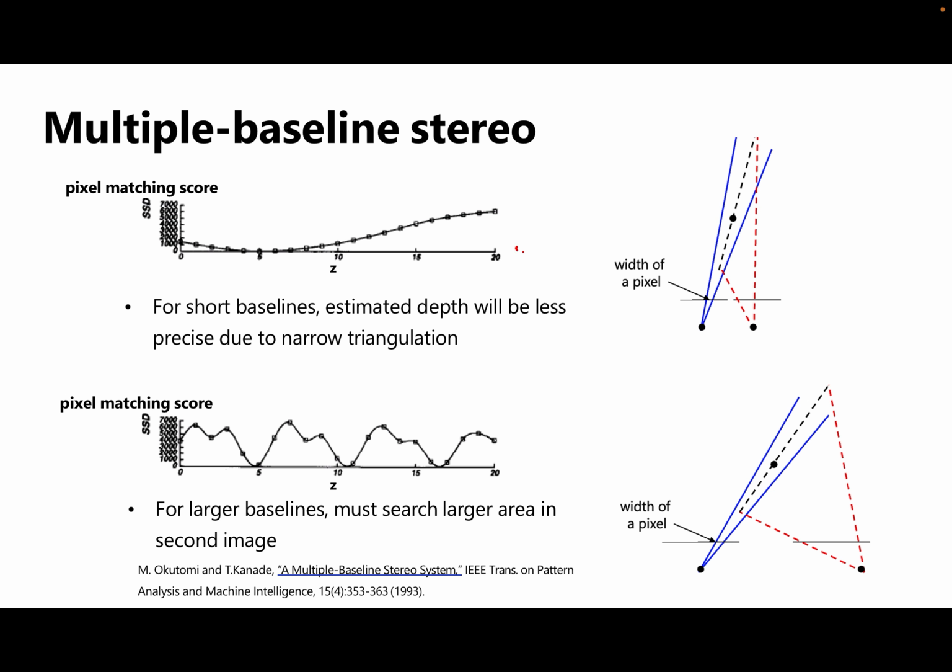And this shows the graph, multiple baseline stereo. For a short baseline, the estimated depth will be less precise due to narrow triangulation, right? If short baseline, we do not have enough 3D information. And this is a larger baseline. They have enough 3D information, but we need to search a larger area in the second image.